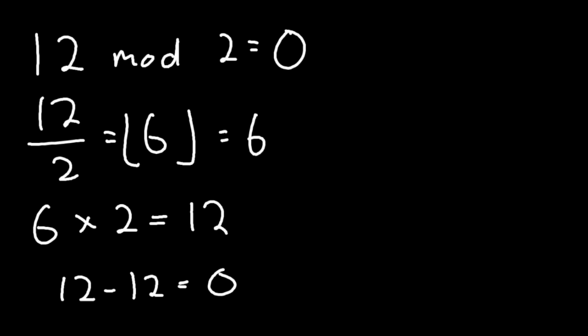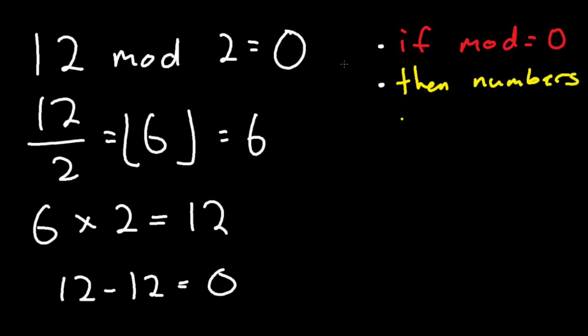Here's the thing. If mod is equal to 0, then numbers are divisible.